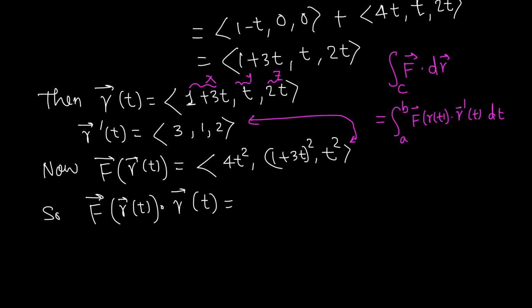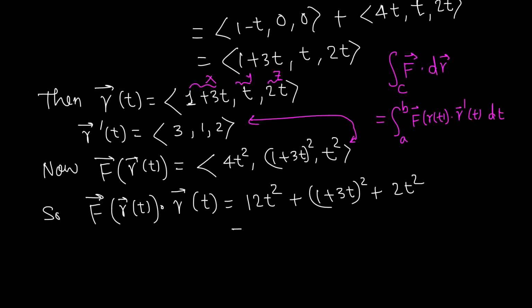So we just find the sum of the products of corresponding components. So 3 times 4t squared, 3 times 4 is 12t squared, plus 1 times (1 plus 3t) squared, just (1 plus 3t) quantity squared, plus 2 times t squared, 2t squared.